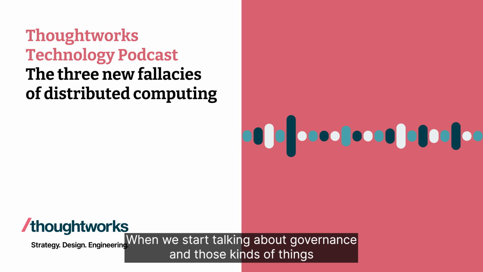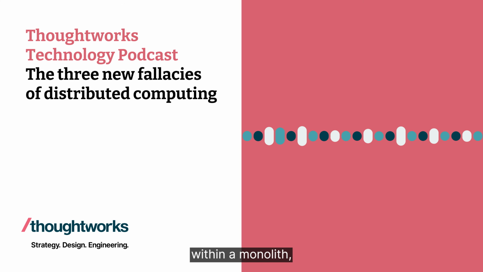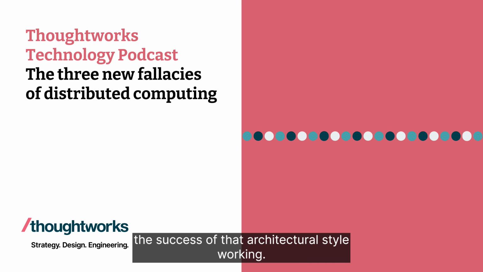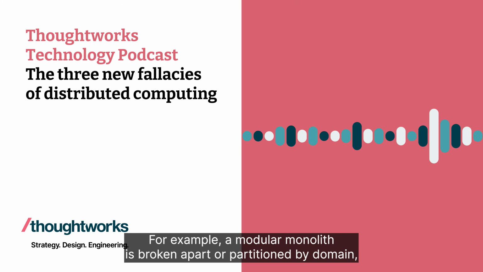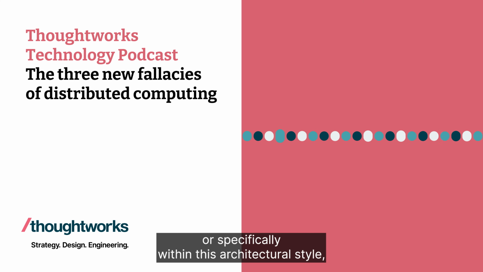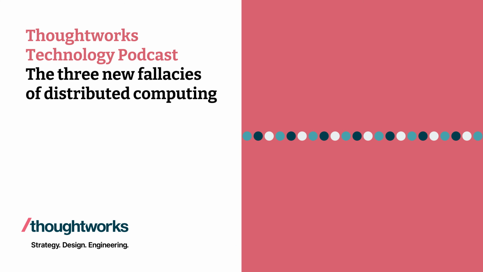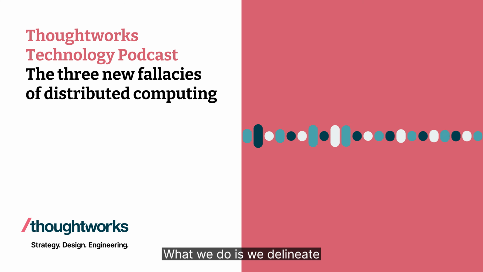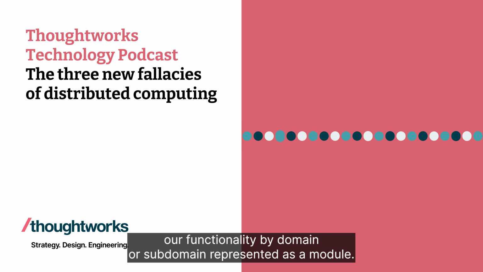But when we start talking about governance within a monolith, that structural aspect, the importance of it is the success of that architectural style working. For example, a modular monolith is partitioned by domain, or specifically within this architectural style, a module. And what we do is we delineate our functionality by domain or subdomain represented as a module.